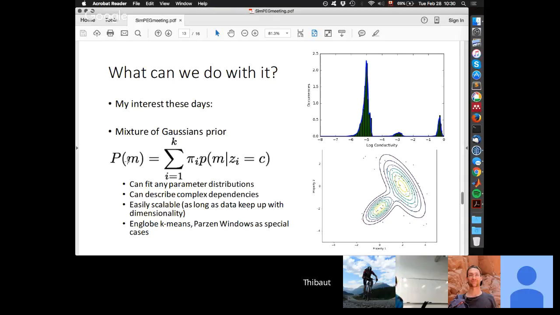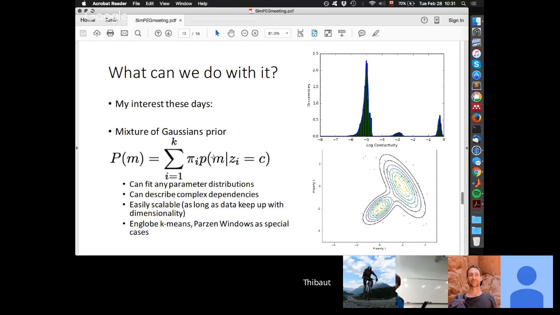But in my case, I have tons of petrophysical data, and my goal is to make my inversion retrieve model parameters that fall into these bins defined by my petrophysical data. So the approach I chose right now is to define my prior as a sum of probability distributions.